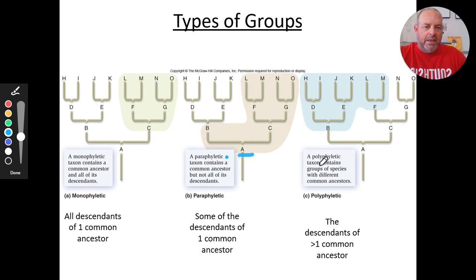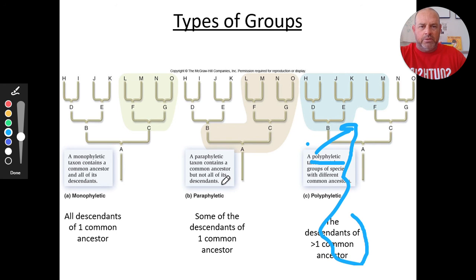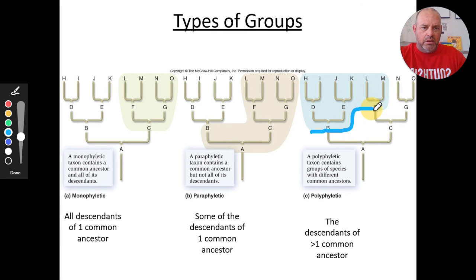And over here, polyphyletic means we're looking at the descendants of more than one common ancestor. Sorry about the wiggle there. Here is the colored box on this side.